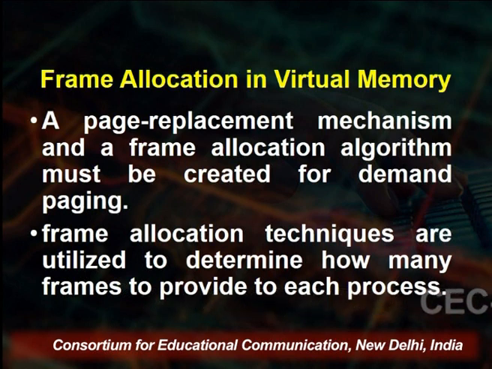So, let us say, for example, we have seen in the previous examples of page replacement techniques, somewhere there are 4 frames, and somewhere there are 3 frames. So, how many frames are to be provided to each process? That is something which is to be answered very, very carefully.